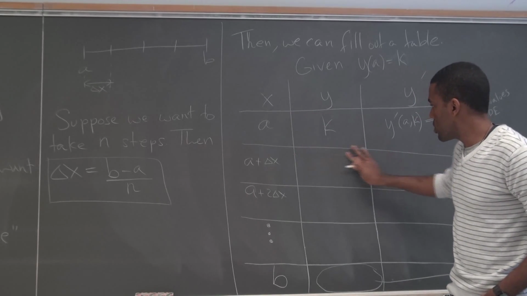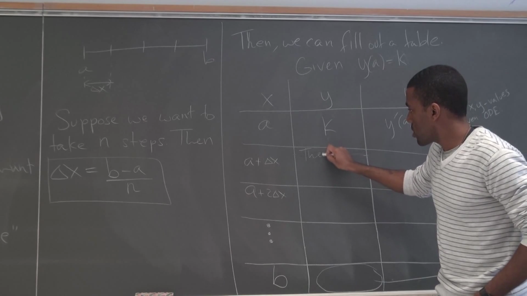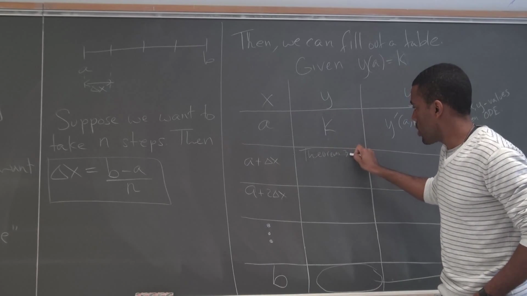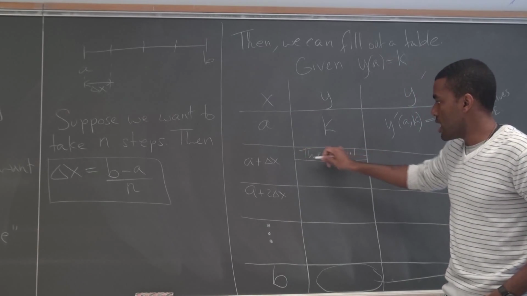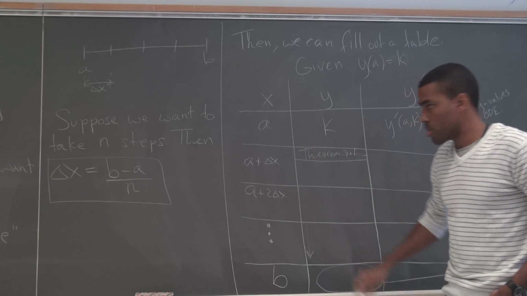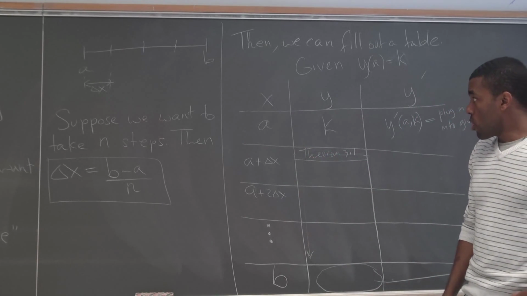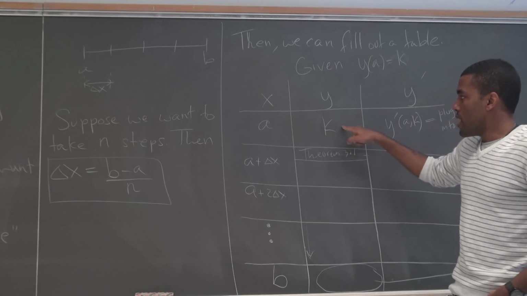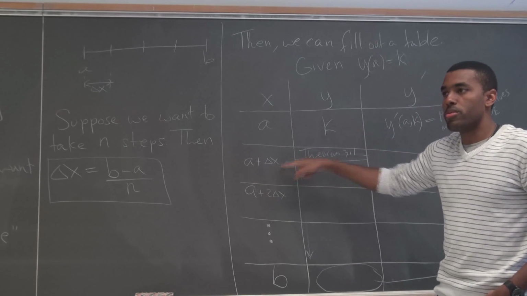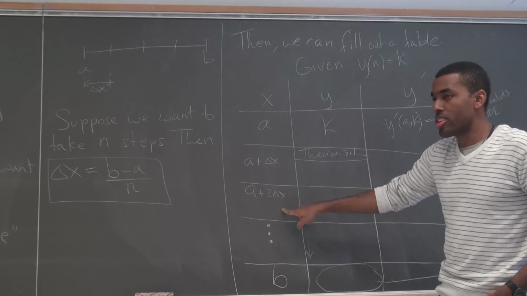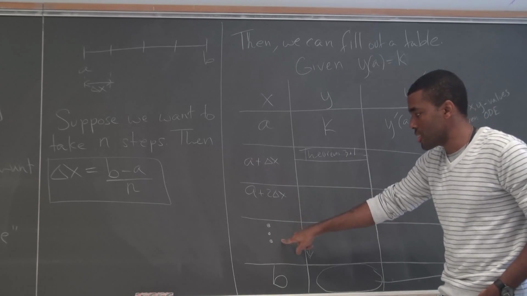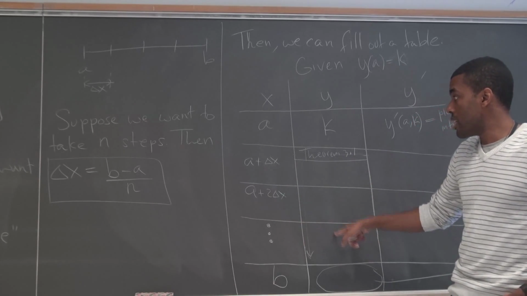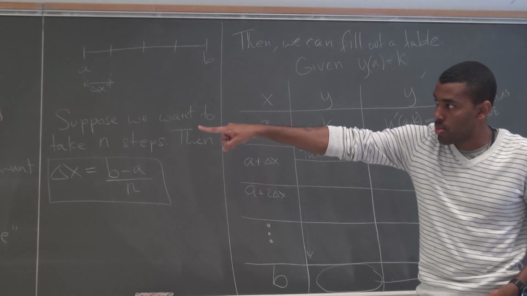This is where you use theorem 3.1 from this point and everywhere down. So basically what we want to do is, we know what the y value is here, but we want to take a step over and figure out what is the y value there. Then take another step, what is the y value there? Then take another step, what is the y value there? And how we figure out the y value is by using that formula.